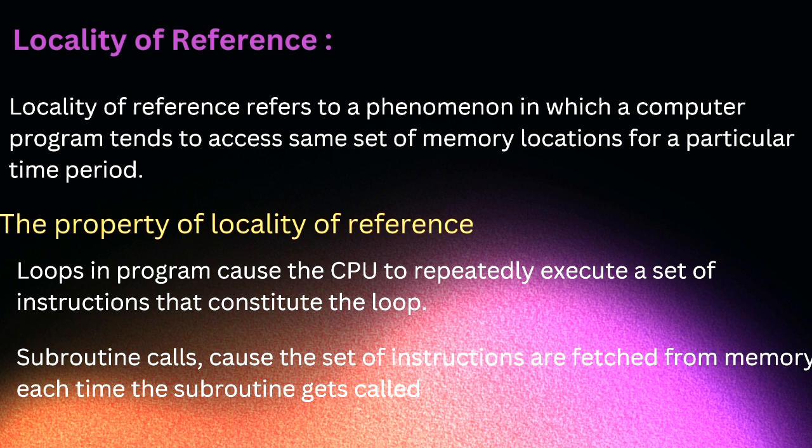The property of locality of references is mainly shown by loops in a program, which cause the CPU to repeatedly execute a set of instructions that constitute the loops. References to data items also get localized, meaning the same data item is referenced again and again. Routine calls cause the set of instructions to be fetched from memory each time the subroutine gets called.